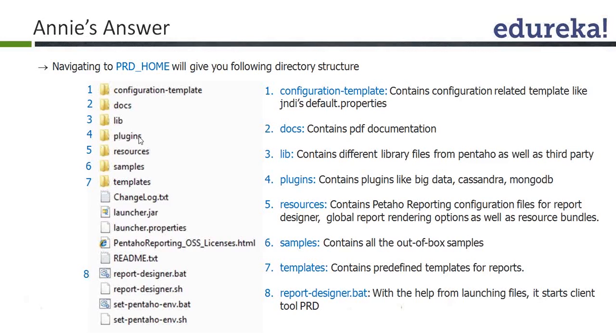From that perspective, it is easier. That's the reason it is not kept under lib, but is created in a separate folder. Then resources is where Pentaho reporting configuration files are kept, which are used by the report designer.